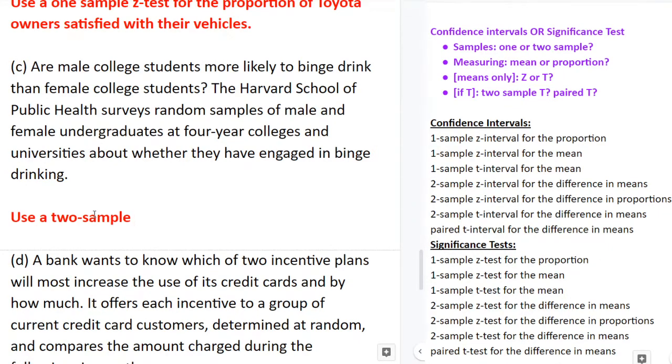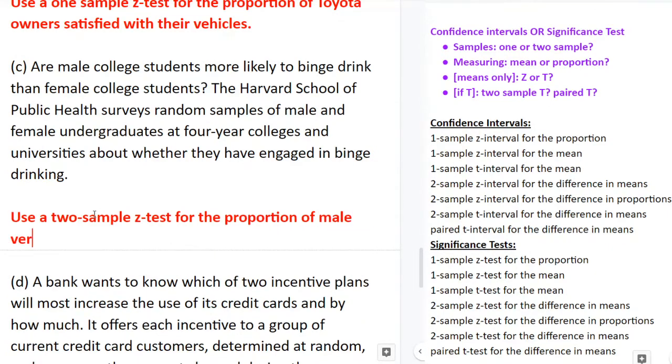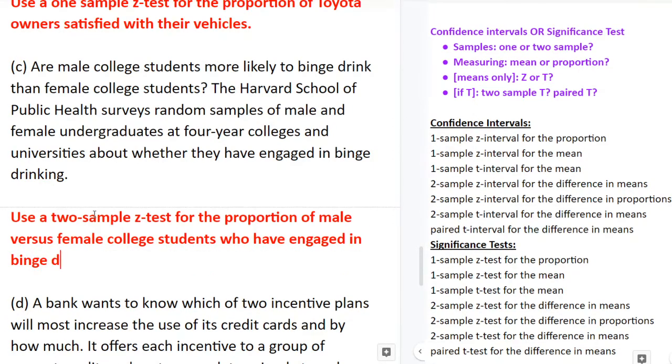Again, there's no T test for proportions. For the proportion of male versus female college students who have engaged in binge drinking.